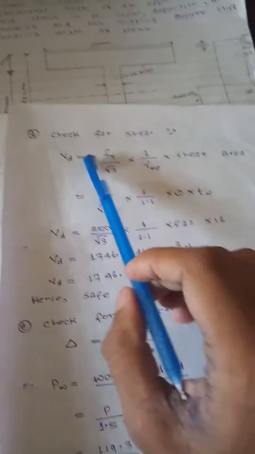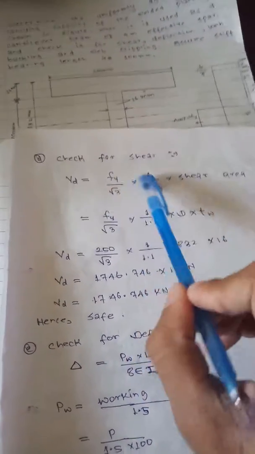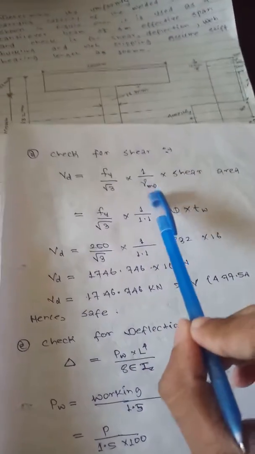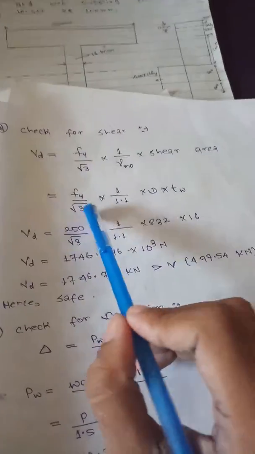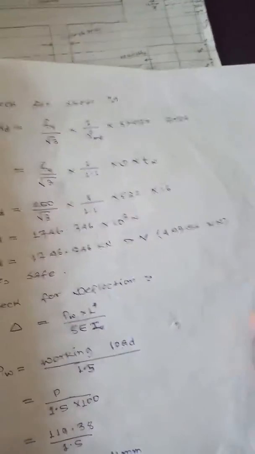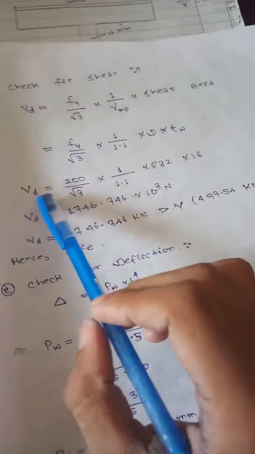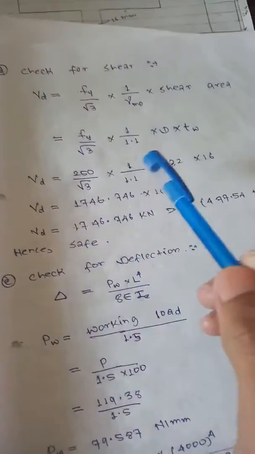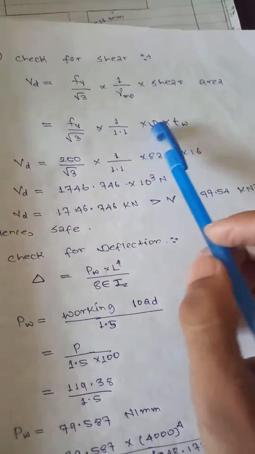Shear force V_d is equal to f_y by root 3 into 1 by gamma_m0 into shear area, and the shear area is equal to d into t_w. Substituting this value, V_d is equal to 250 by root 3 into 1 by 1.1 into 832 into 16. These all values are given and we calculated them earlier.